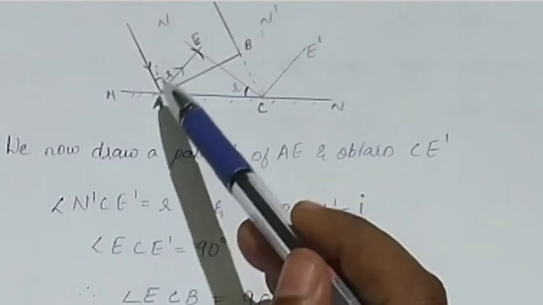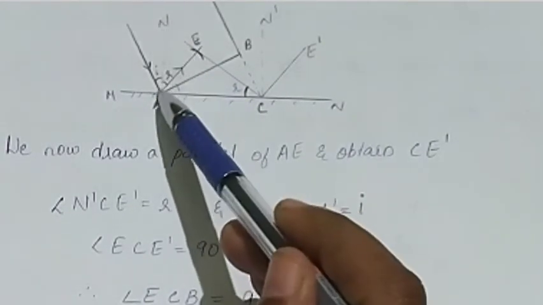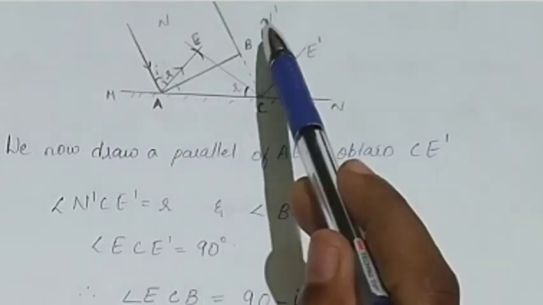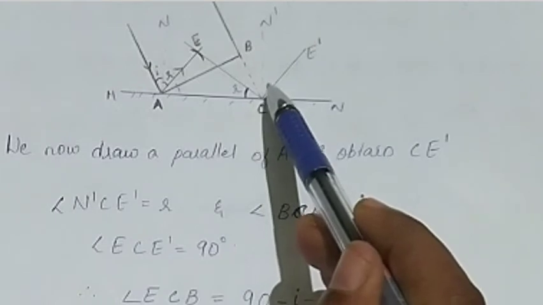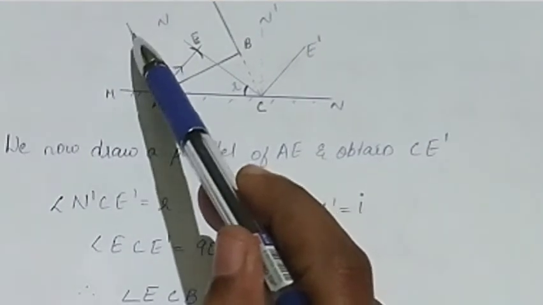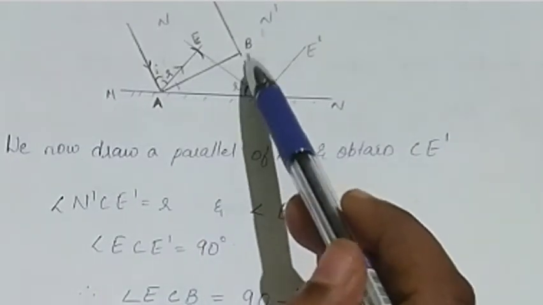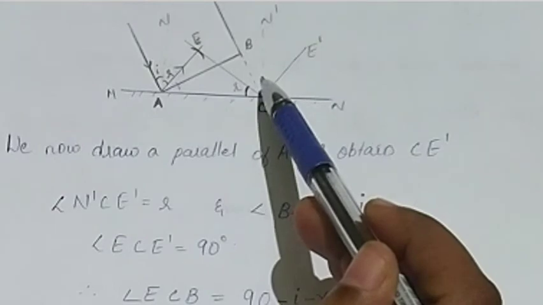As we know, AE makes an angle R with the normal, that is, the angle of reflection. Similarly, N dash CE dash will make an angle R here. Similarly, angle BCN dash is the angle of incidence.